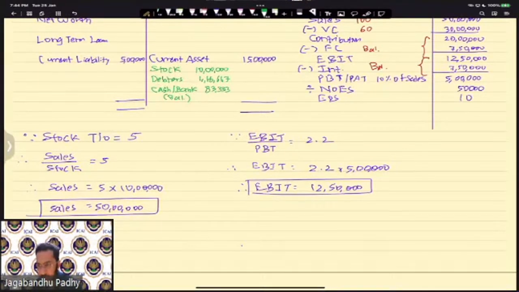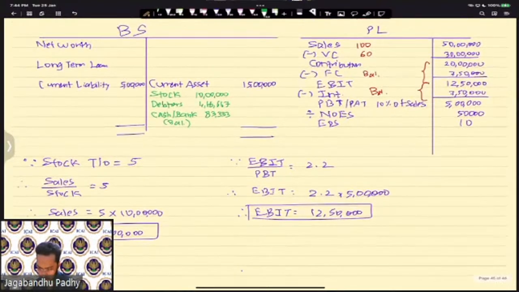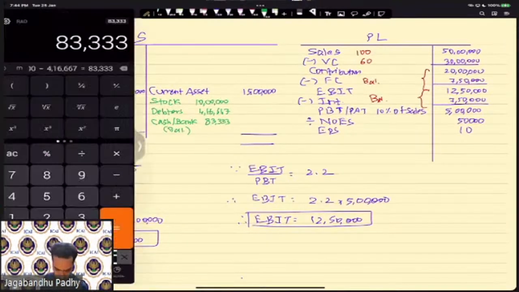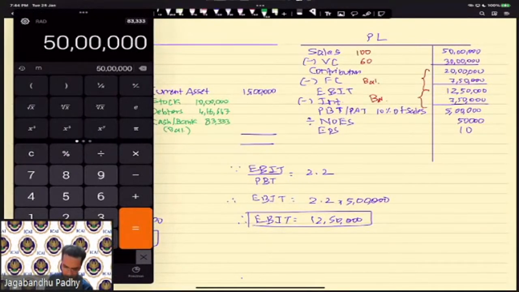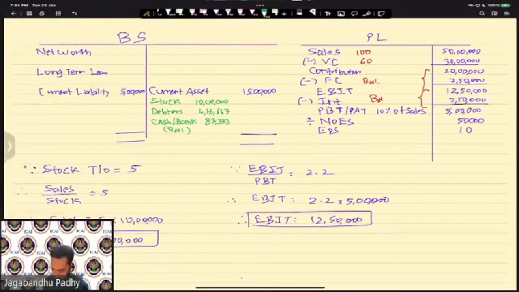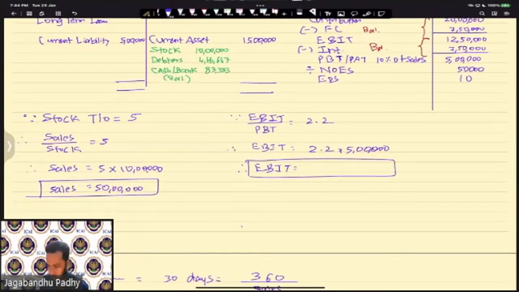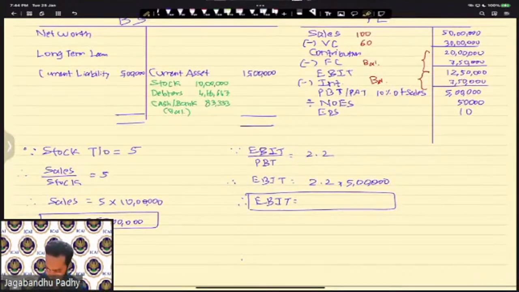EBIT is 11 lakh. What are you saying? 5 lakh into 2.2. Oh yeah. EBIT is 11. 2.2 into 5 lakh, no?